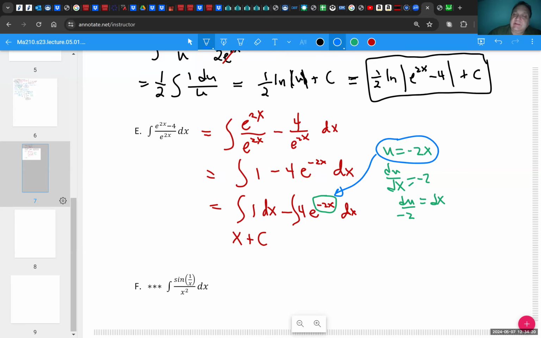This is my dx thing, it's going to go in here. So I have the integral of the first part is just x, and then minus, what do I have here? Let me take the 4 on the outside because I don't really care about constants. e to the minus 2x is going to be e to the u, because minus 2x is our u, and dx is going to be du over negative 2.